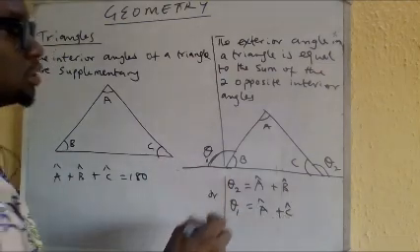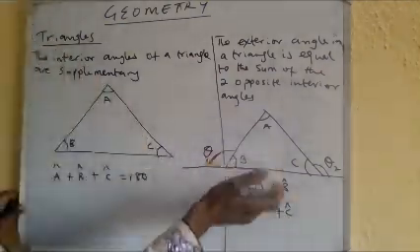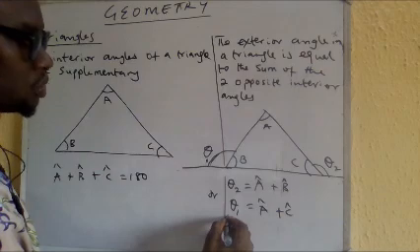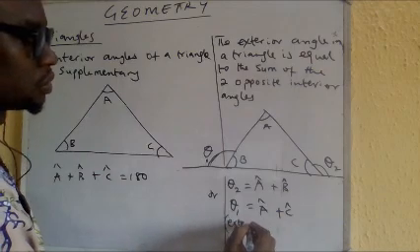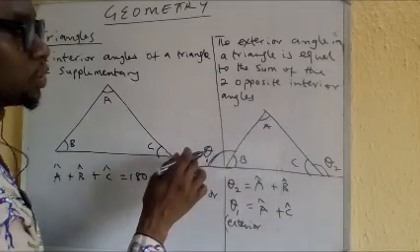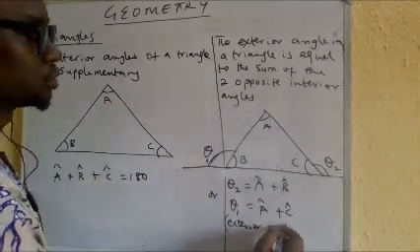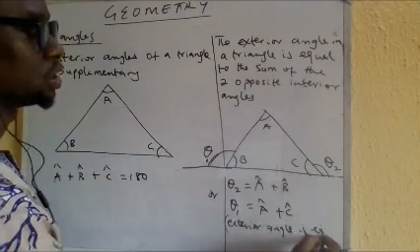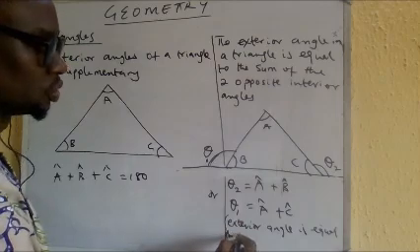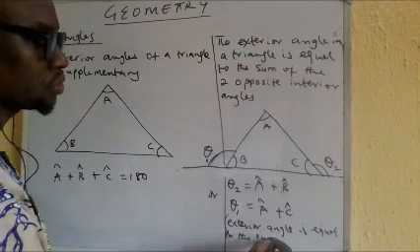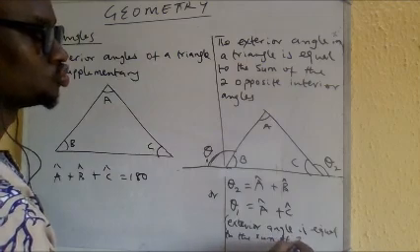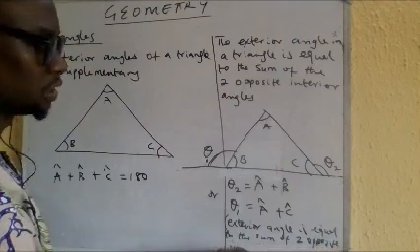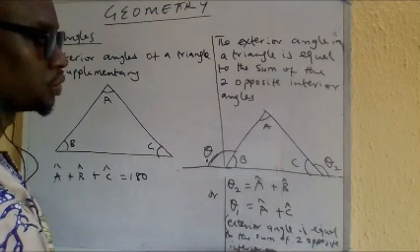So the reason why these two equations are true is because either this one or this one, they are both exterior angles. An exterior angle is equal to the sum of the two opposite interior angles in the triangle.